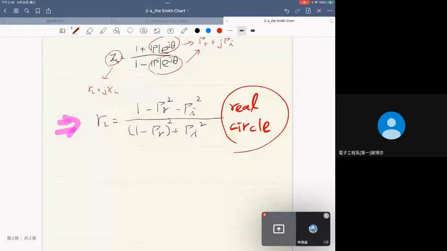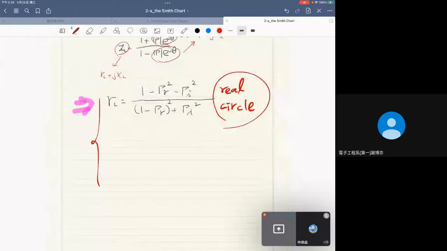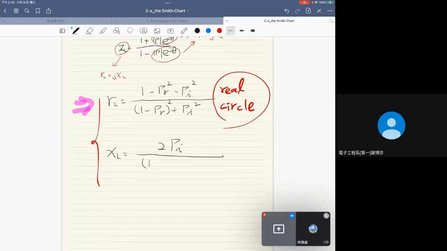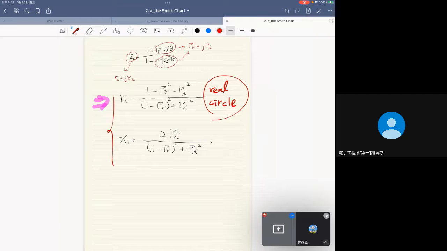Okay, this is what we try to understand. And there is another circle, the imaginary circle: XL equals 2 gamma I over ((1 minus gamma R) squared plus gamma I squared). This is the imaginary circle.